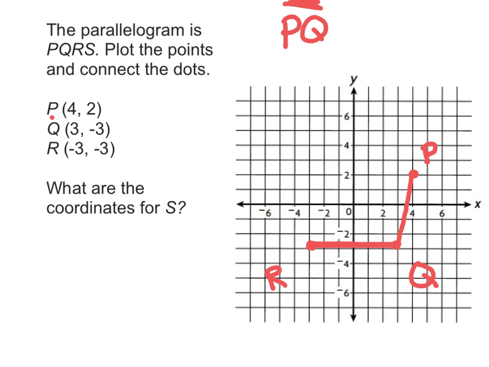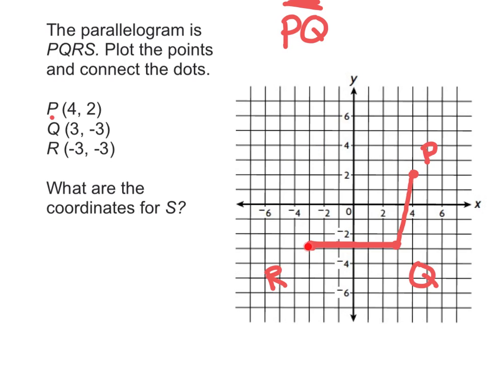Now, I need to know where to put S. You could probably guess it's going to go somewhere around here so that we can finish our parallelogram. But to find the exact point, let me show you what I'm going to do. I know that a parallelogram has the same base on the bottom as well as on the top. So if I count these spaces here, it'll tell me how long the length RQ is, and that'll tell me how long the length PS will be.